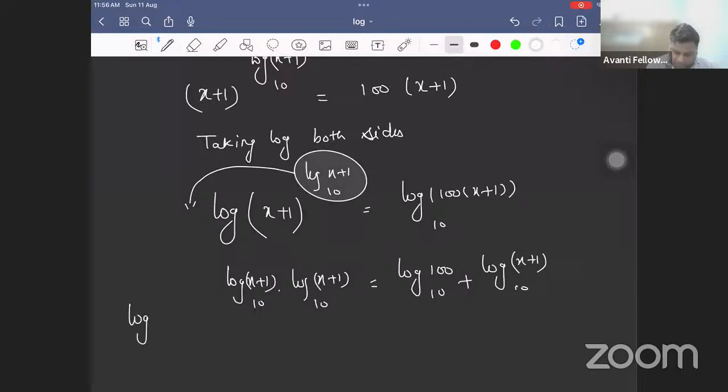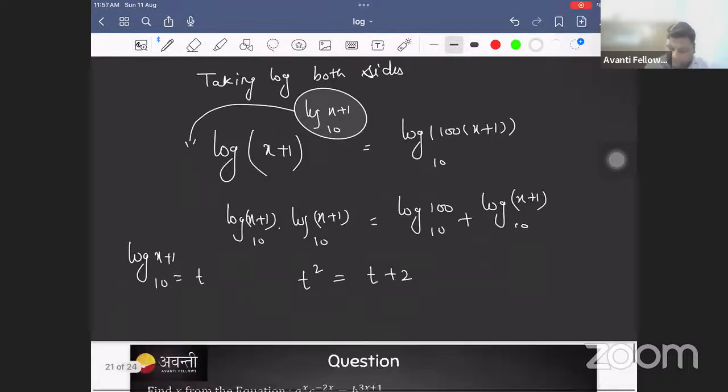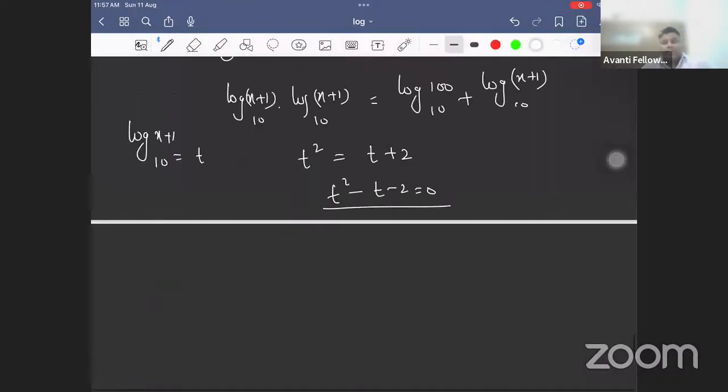Now, assume log x plus 1 base 10 as t. So you will receive t square equals t plus 2. Log 100 base 10 is 2. So it is t square minus t minus 2 equals 0, which is a quadratic which you know how to factorize. So you factorize it, get the value of t, from there get the value of x.